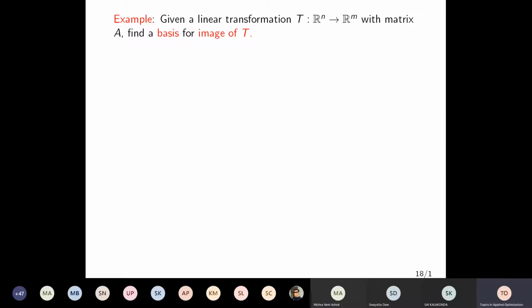Similarly, one may ask, what is the basis of the image of A? Well, we know that the image of the linear transform is nothing but the column space of A, which is the set of linear combinations of the columns of A. Finding a basis of this is like finding the reduced set, because it may be that the columns of A are dependent.